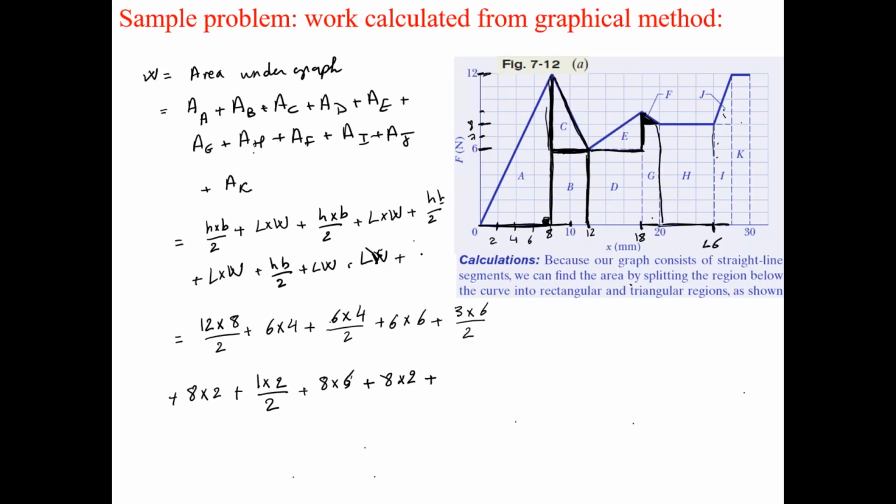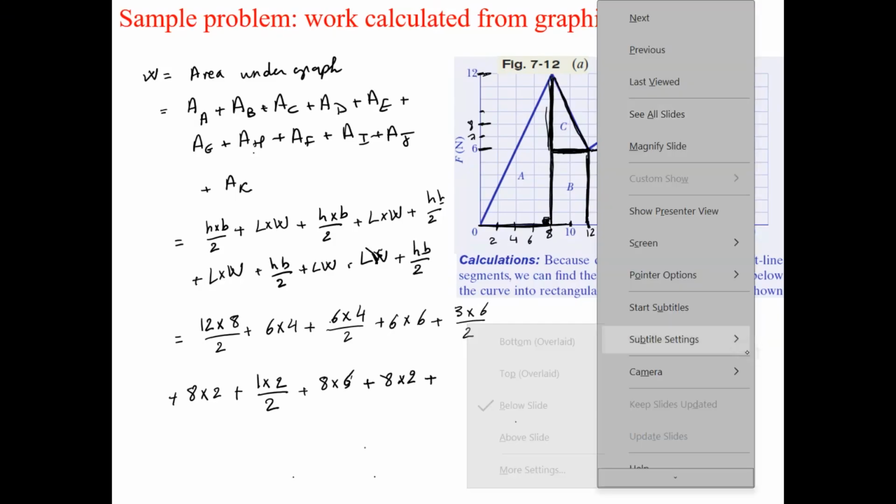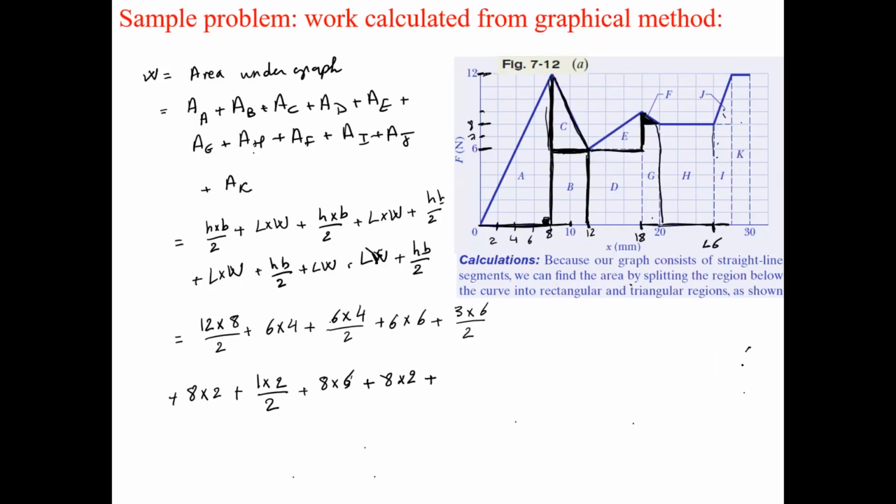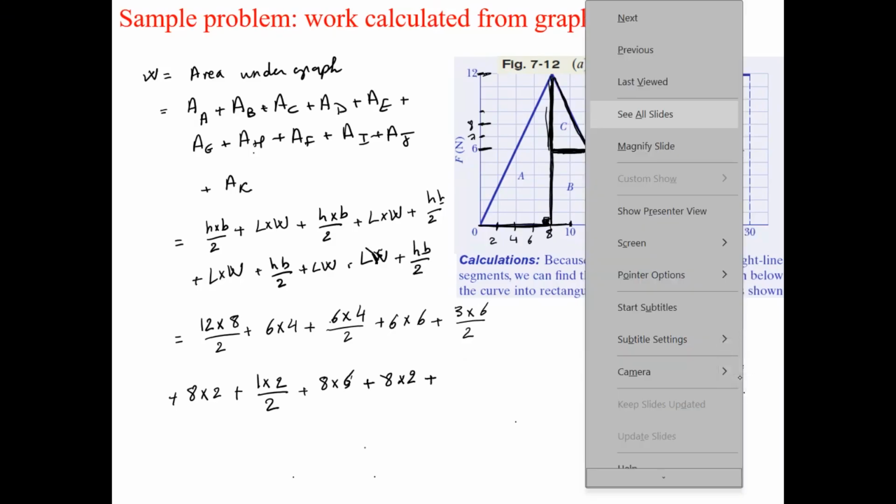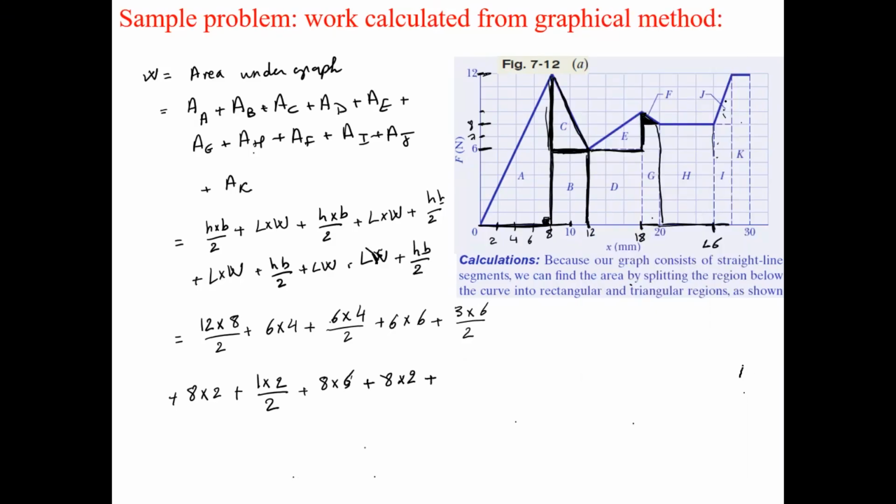So this is height times base over 2. The height is, so I have 4. Yeah, this is 4. Times the base, which is 2, over 2. And finally, I have section K, which is a rectangle.